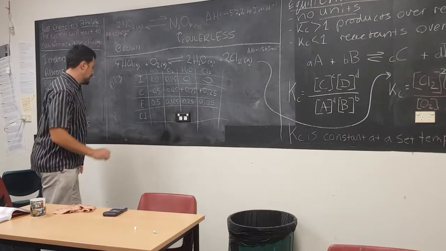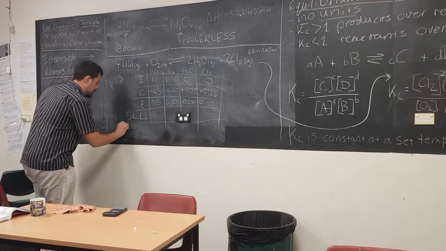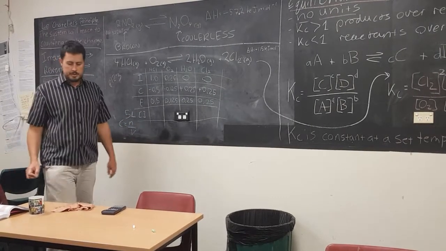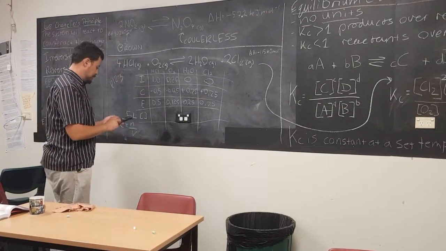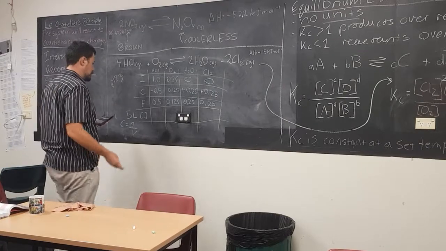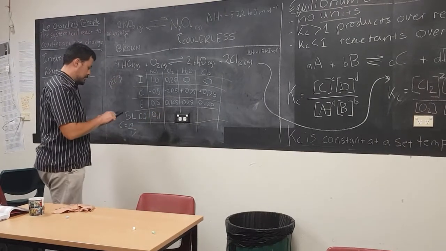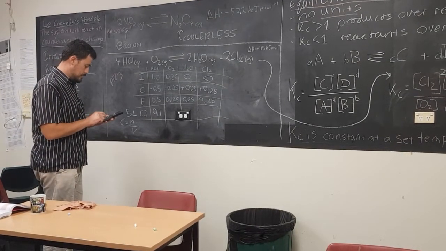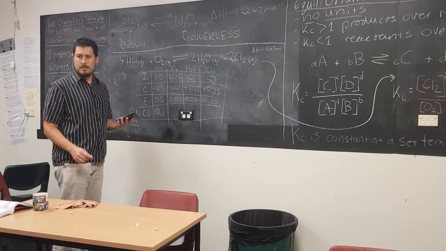Now this isn't a 5-litre vessel. C equals n on V. So in order to get the final concentration for all of them, I'm going to need to divide them all by 5. 0.1. 0.025. Just do it in your head. It's only a quarter of that.